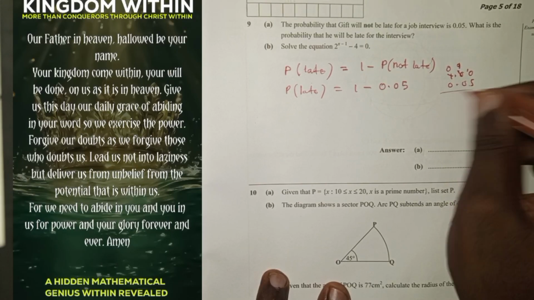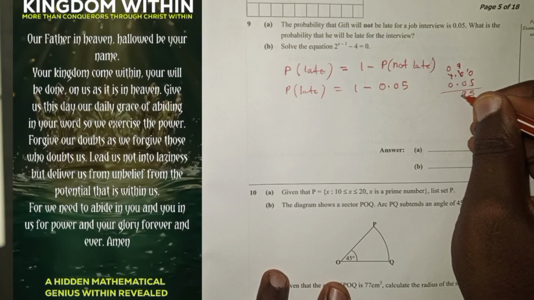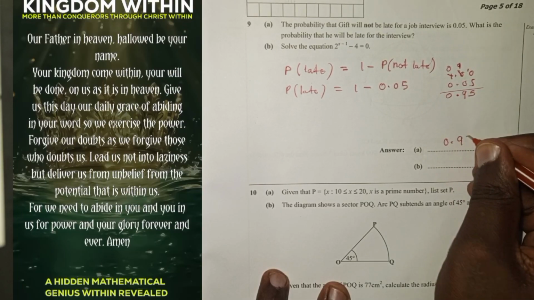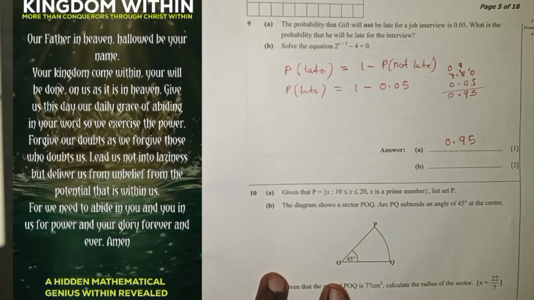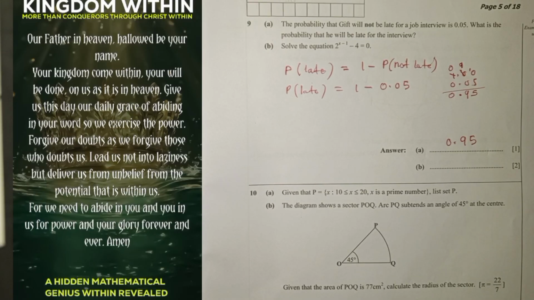So 10 minus 5, you get 5. 9 minus 0 is 9. So you get 0.95. So the probability that Gift will be late for interviews is 0.95. Okay, 9b. Solve the equation 2x minus 2 to the power x minus 1 minus 4 is equal to 0.